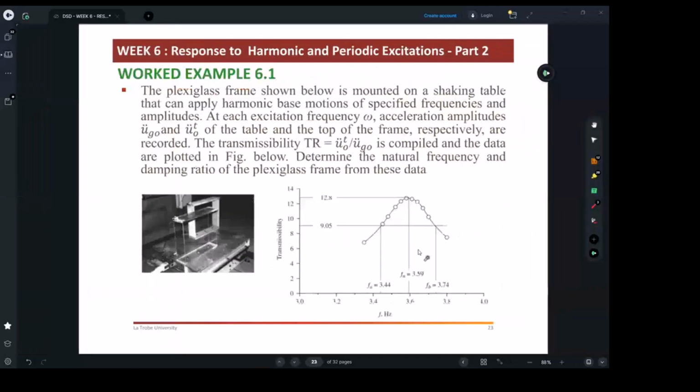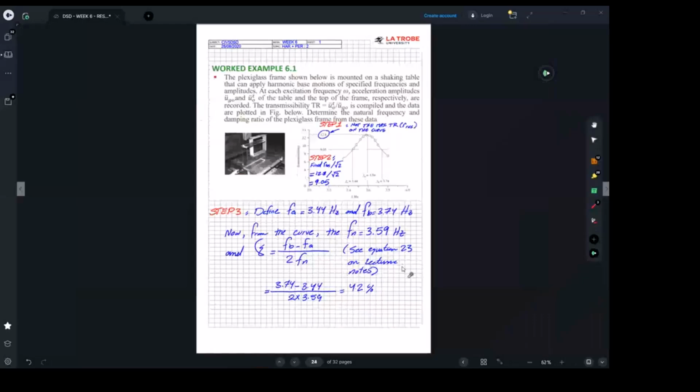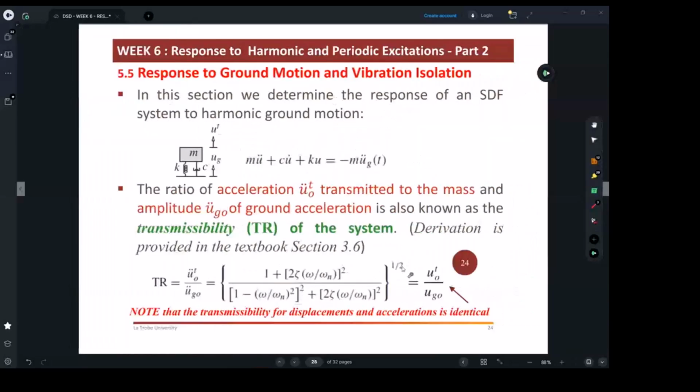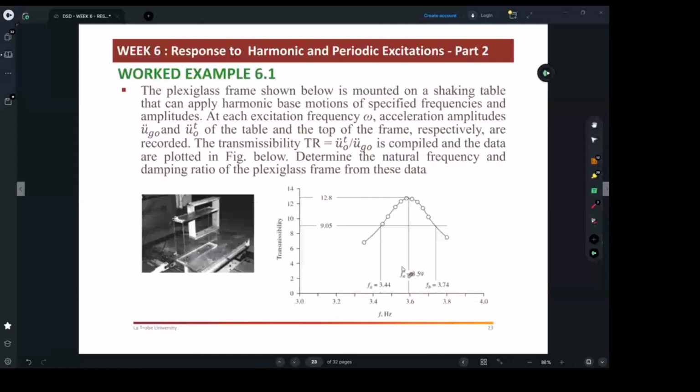So we have a very simple example to do here with its own solution, and I will let you go about it and read about it. While you do this, maybe we have a 10-minute break.